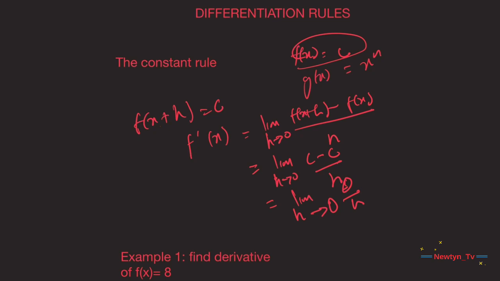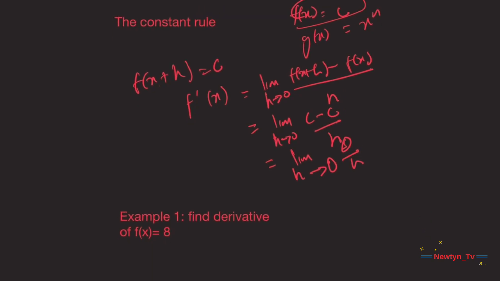And then finally, this equals the limit of 0 as h approaches 0, which is equal to 0, right? So the rule for differentiating a constant function is called the constant rule, which states that the derivative of the constant function is 0.